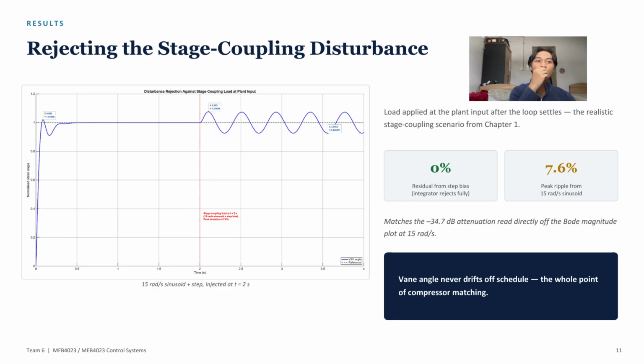The oscillating part can't be fully removed by a PID, but it's still attenuated down to a 7.6% ripple, which lines up exactly with what we expect from the minus 34.7 decibel attenuation on our plot at that frequency. So the vent angle never actually drifts off its commanded schedule.